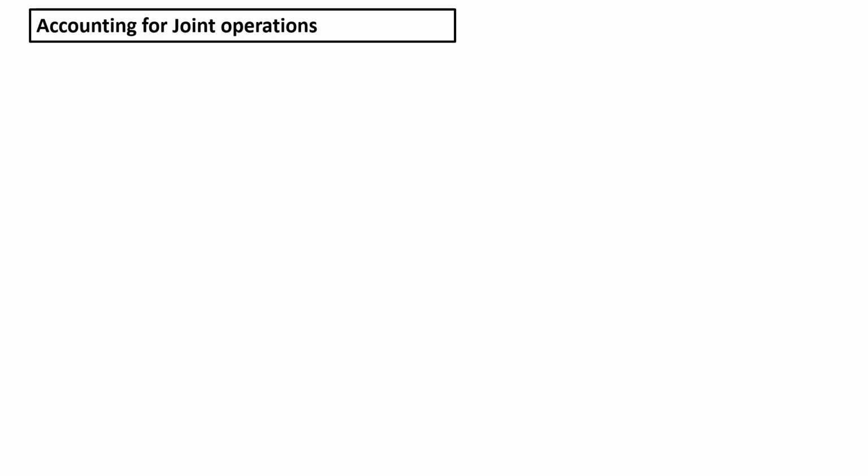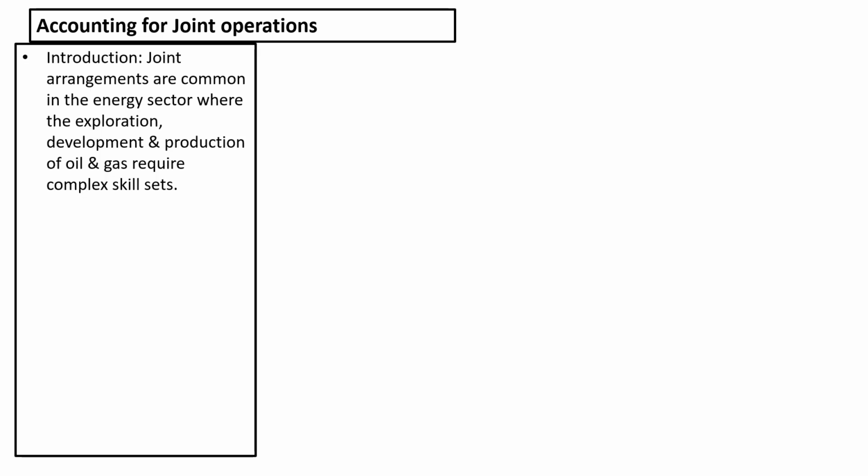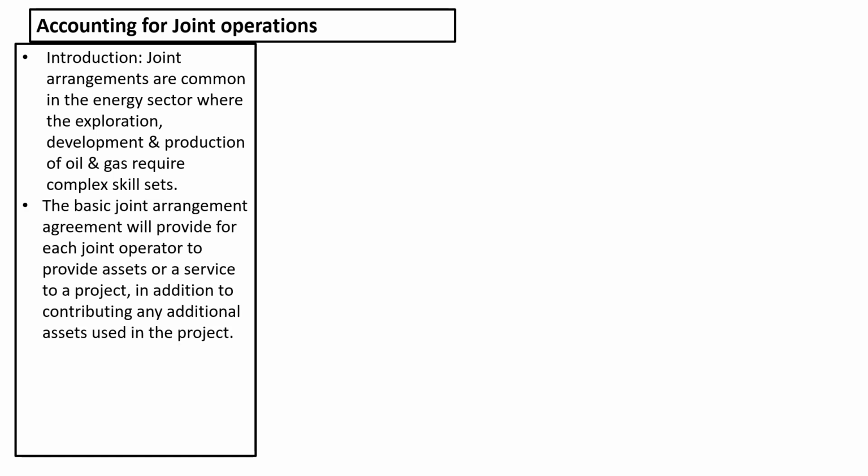Finally, we look at accounting for joint operations, which are different from joint ventures. Joint arrangements are common in the energy sector, where the exploration, development and production of oil and gas requires complex skill sets.